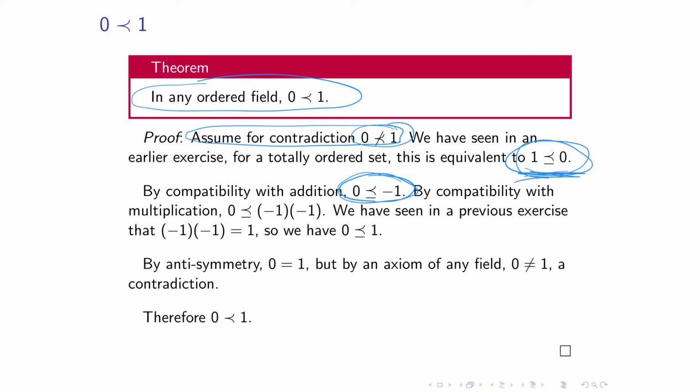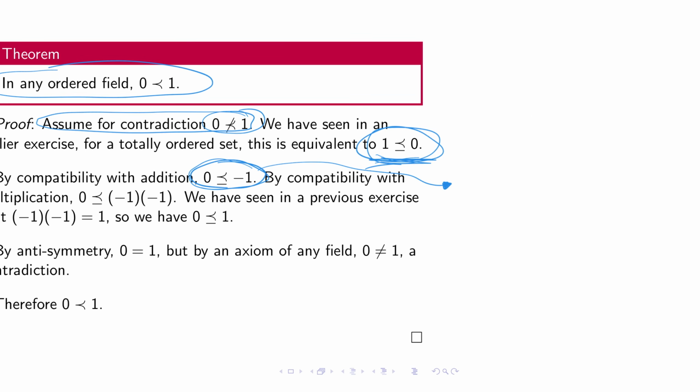I could write this more explicitly by saying that by compatibility with multiplication, I am going to form 0 times -1 precedes -1 times -1. And the left-hand side, using what we know about fields, must be 0, because 0 times anything is 0, as we've already proved.